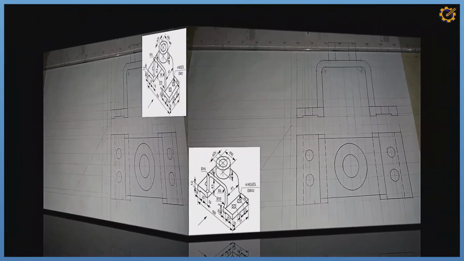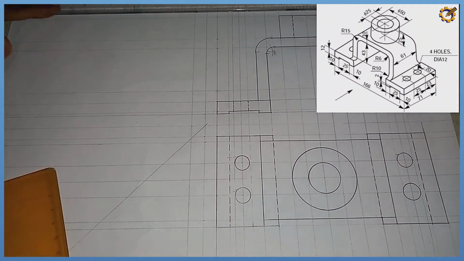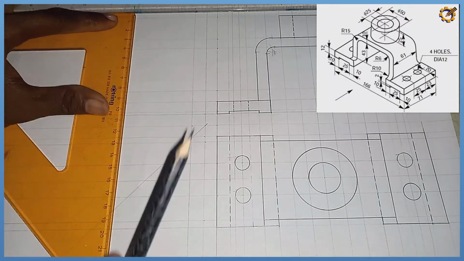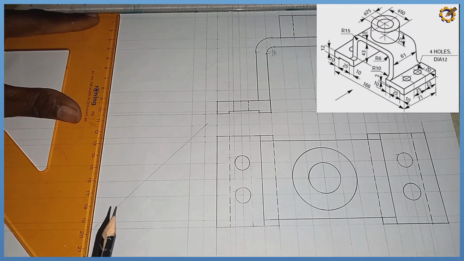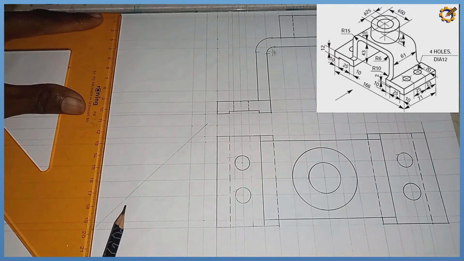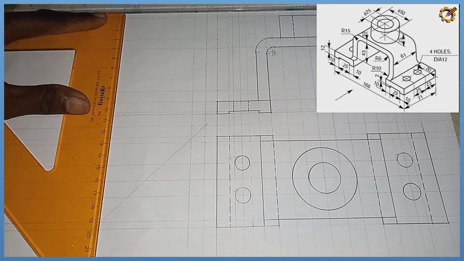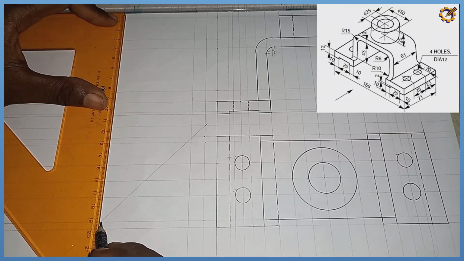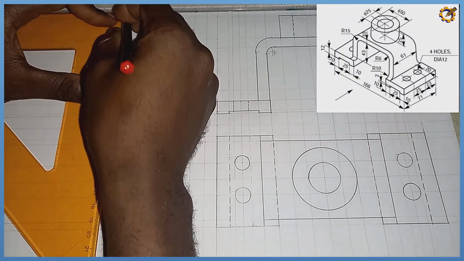Then from every point where my inclined line touches the horizontal line there, I'm going to project them upwards like this, and this from here upwards.